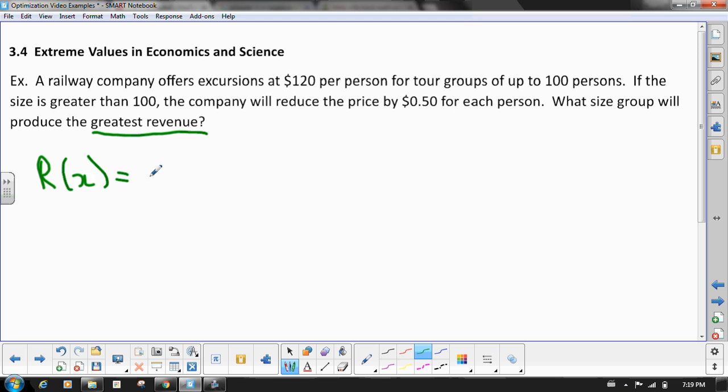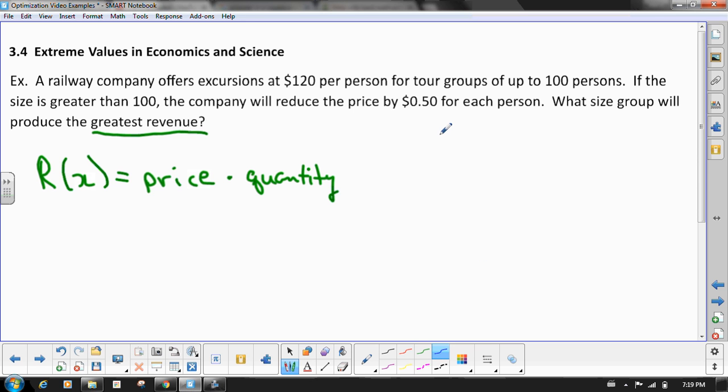So revenue is basically the price of whatever it is you're selling or buying multiplied by the quantity of whatever it is that you're selling. Now, the variable that we're changing here is the price.